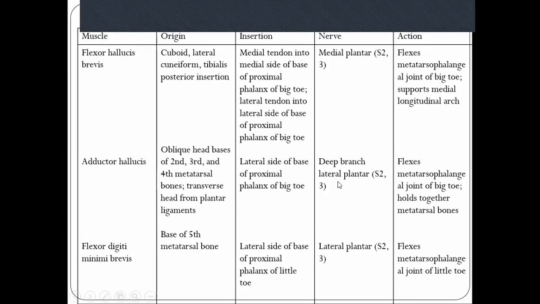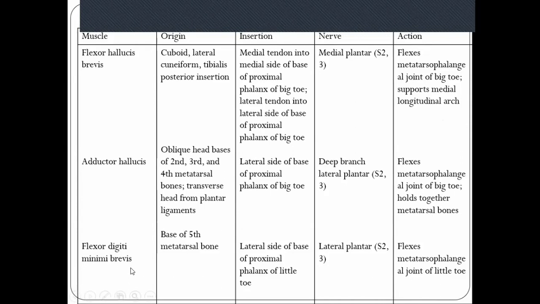Adductor hallucis is supplied by the main branch of the lateral plantar nerve and it flexes the metatarsophalangeal joint of the big toe. And also this muscle helps to hold the metatarsal bones together as a group.